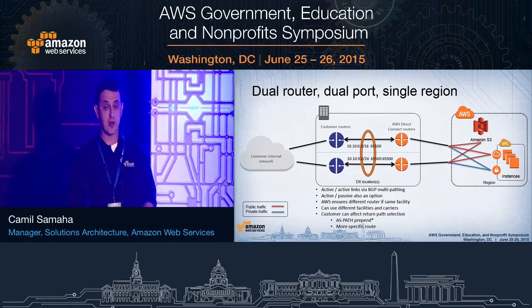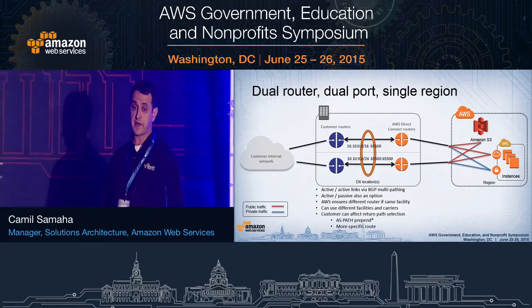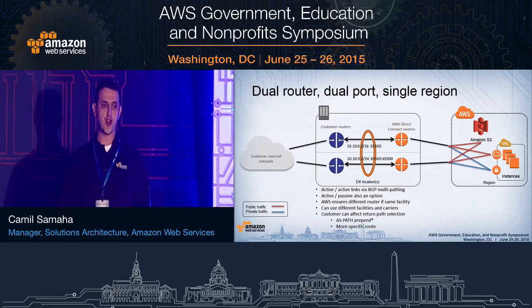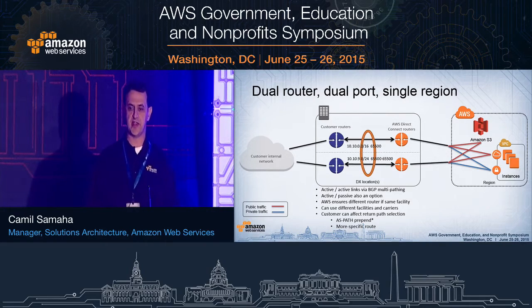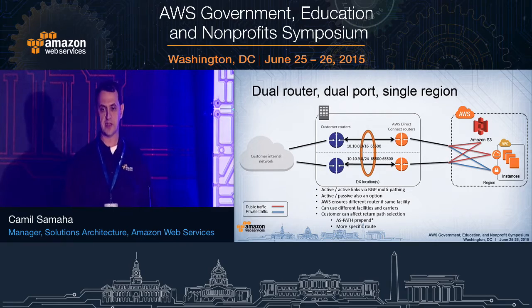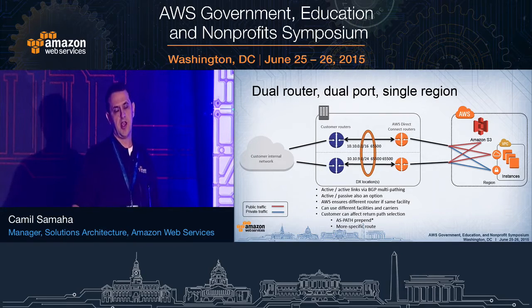Okay. Now, as far as the traffic flow is concerned, you are able to use BGP AS path prepend to control how the traffic flows and what path is selected for that traffic. So we do support AS prepend. I do need to call out one exception.